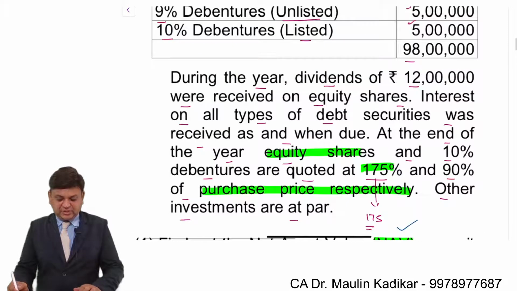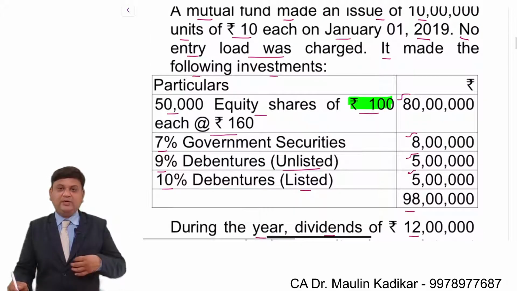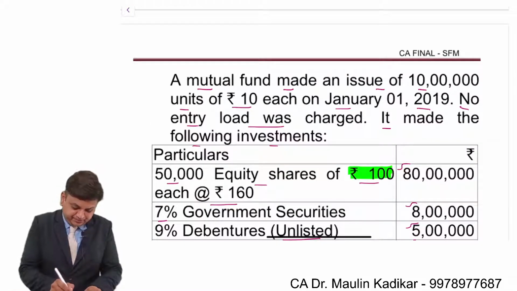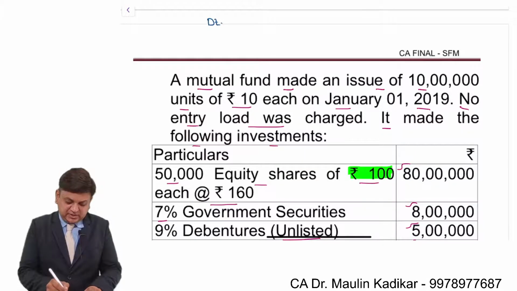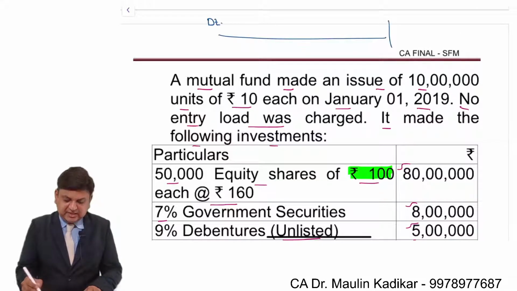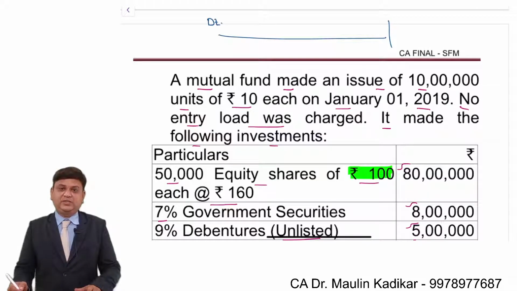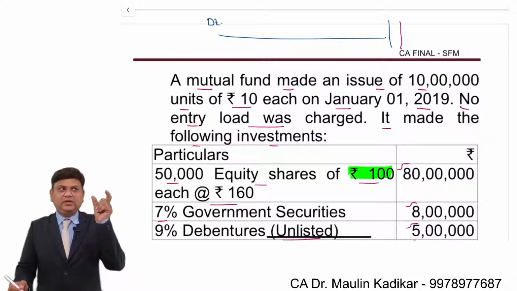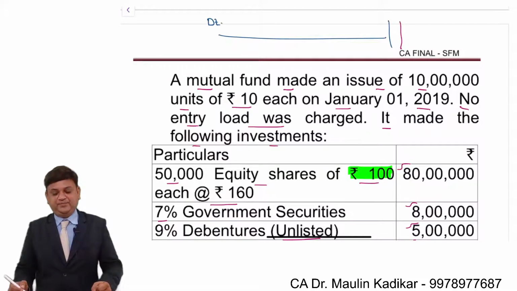What sort of information is given to us is what you are required to see properly. So either the information is given from the date at which the mutual fund was incorporated till the date at which you are required to do valuation, or otherwise the information is given for the mutual fund as on date. What kind of information is given, that you need to understand properly.